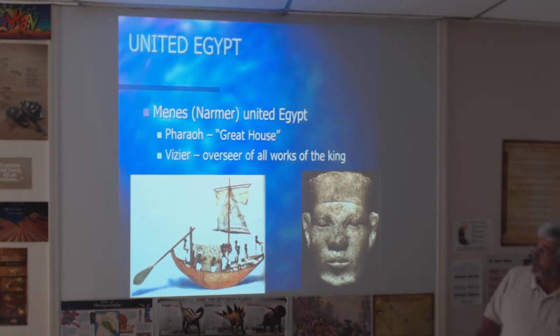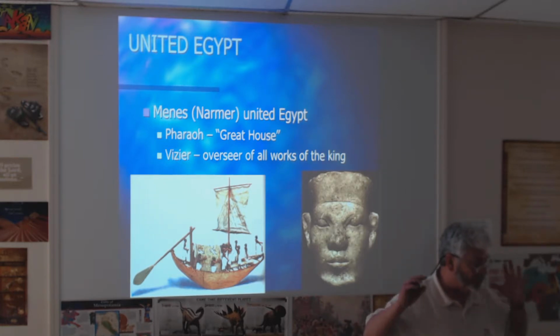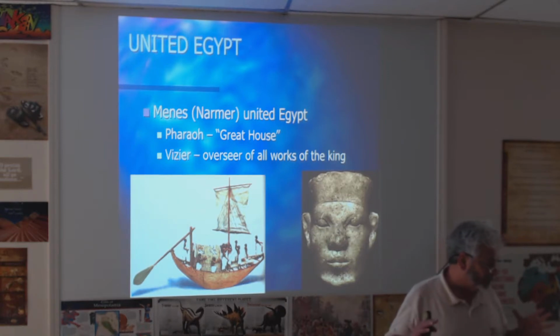All right, so Menes united Egypt and began the first dynasty. Do you understand what a dynasty is? What's a dynasty? Anybody know? A dynasty refers to a particular family who rules a country. And when that family no longer is ruling, another family comes in, that starts another dynasty.